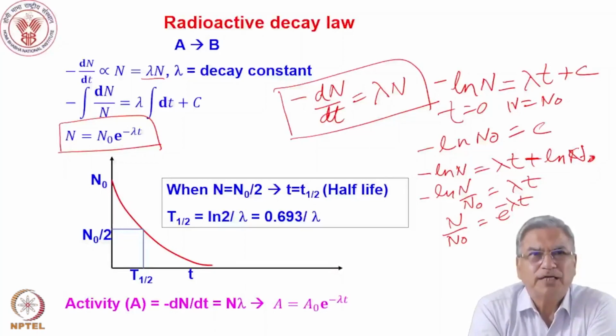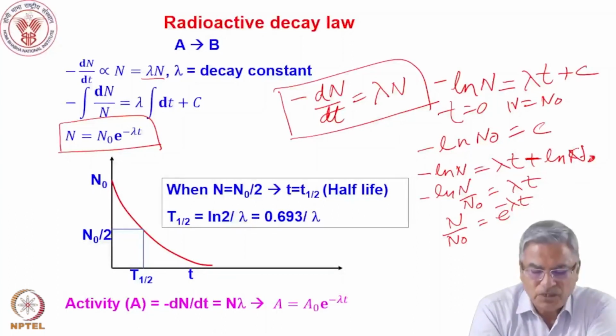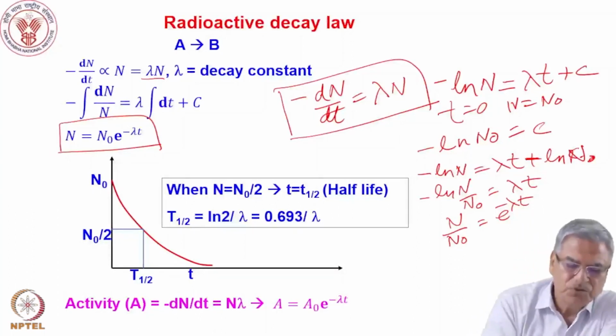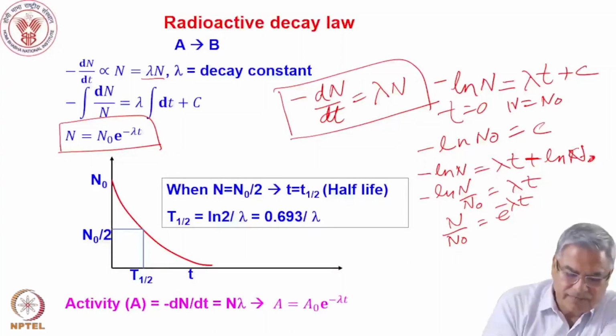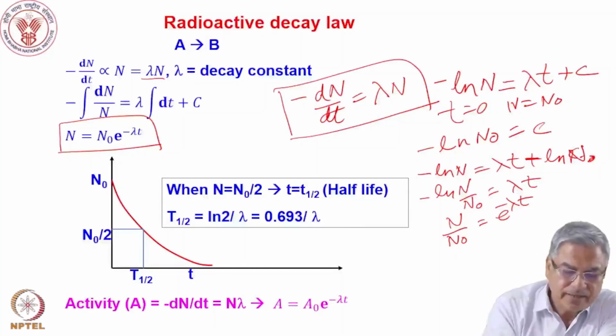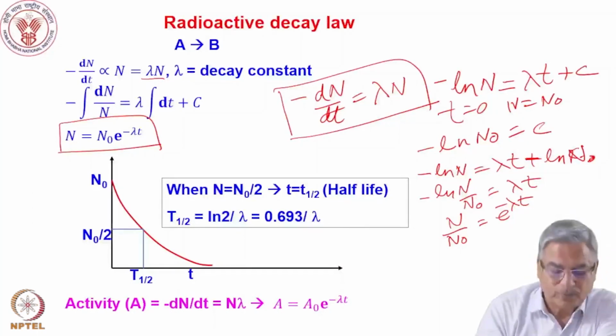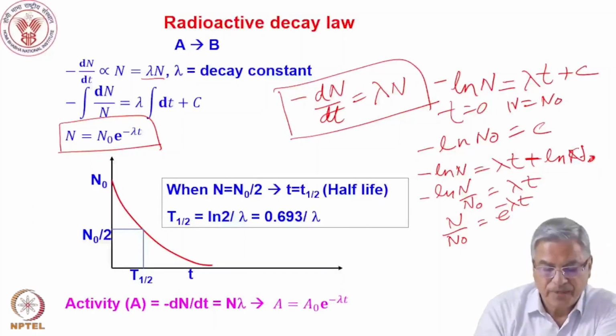So the exponential decay of radioactivity is the signature of the first order rate law that governs radioactive decay. I have shown this here as a function of time. If you plot the number of atoms, then the activity follows exponential decay.